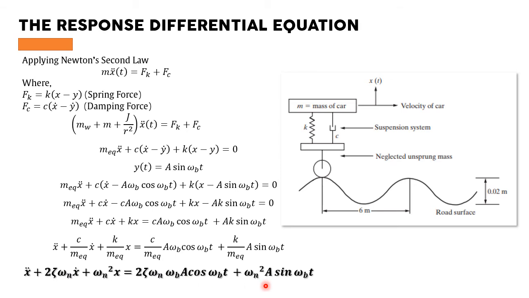This is the final differential equation, which gives us the response of the spring suspension system. These two are the forcing functions: this one is because of the damper, and this one is because of the spring.